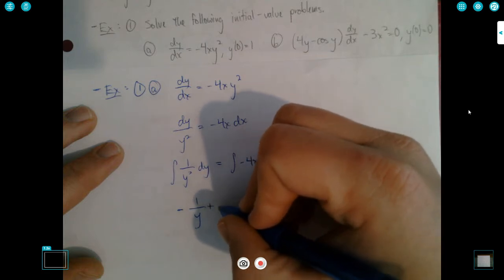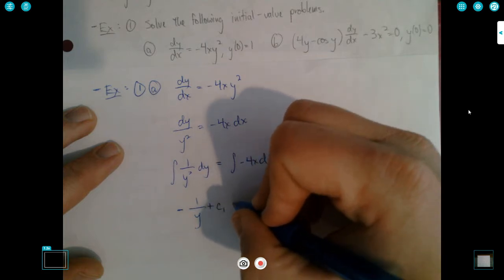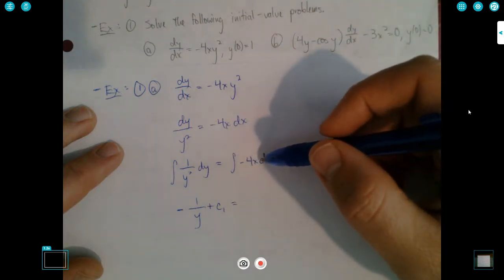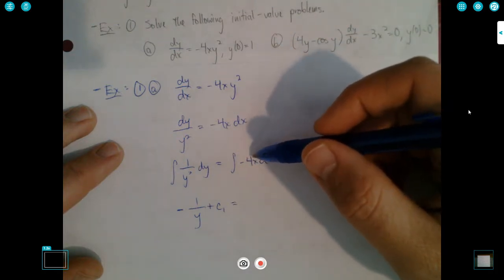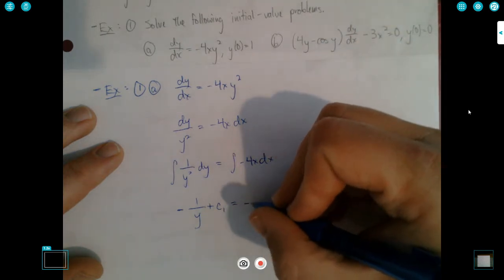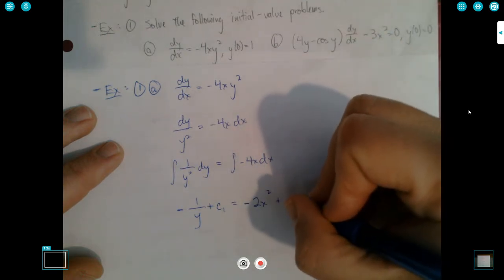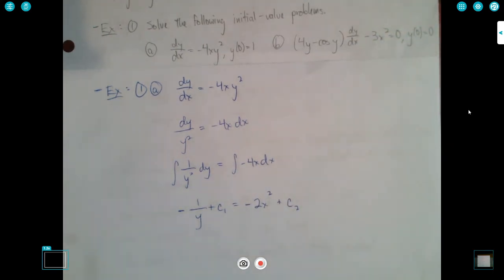Well, yeah, so maybe I'll say plus c1 equals, and then over here, what would we have? We would have negative 2x squared, right? So you'd have negative 2x squared plus c2. So we'll call it a different constant.